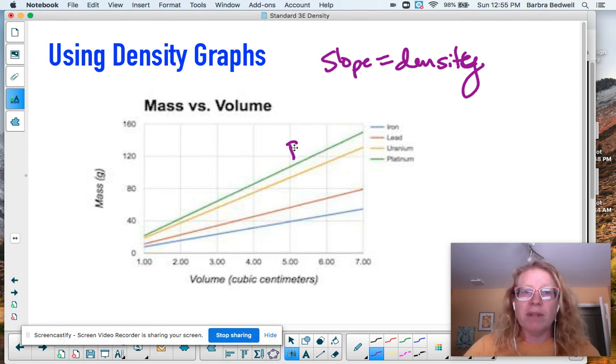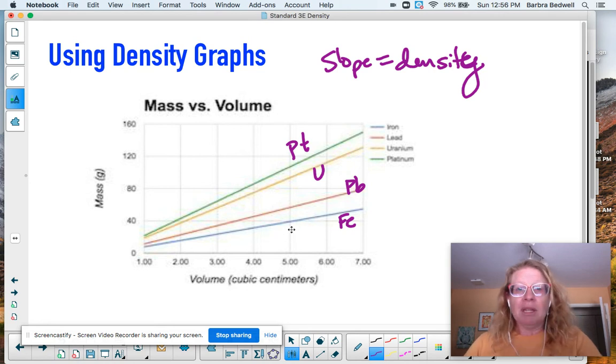By the way, this is platinum. This one is uranium. This one right here is Pb or lead. And this one down here is iron. Iron would be our least dense, and platinum would be our most dense. It's got the greatest slope to it.